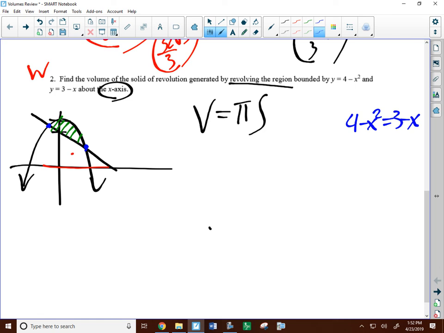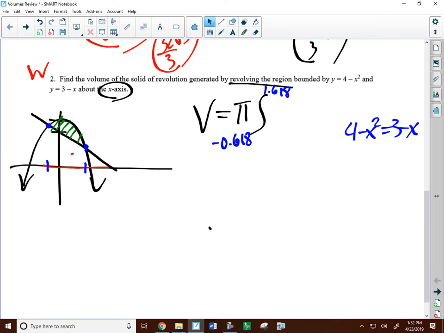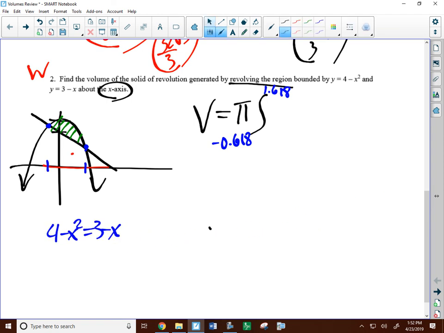So I used a calculator and found they intersected here at an x value of 1.618, and they intersected here at an x value of negative 0.618. So then it's R squared minus little r squared, and x-axis is a dx question.